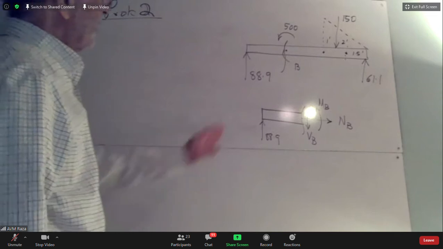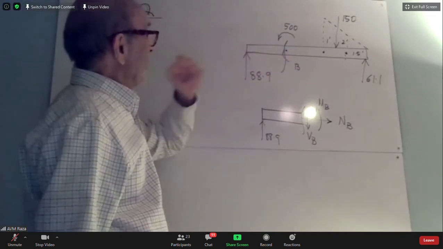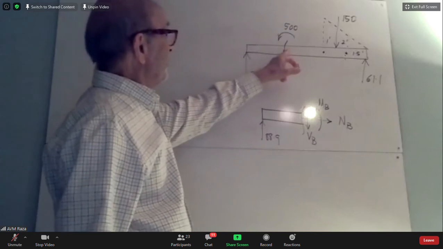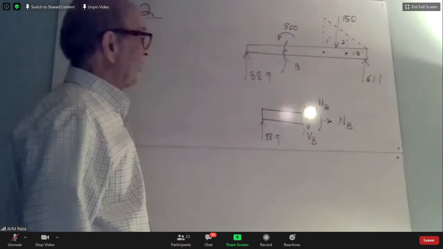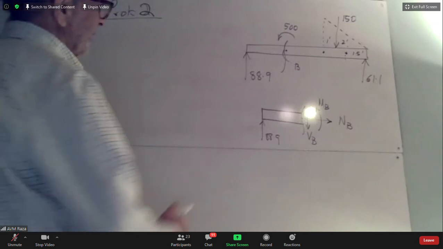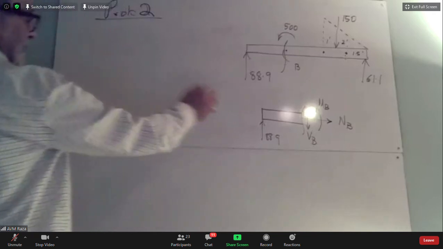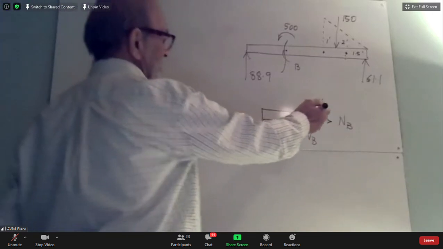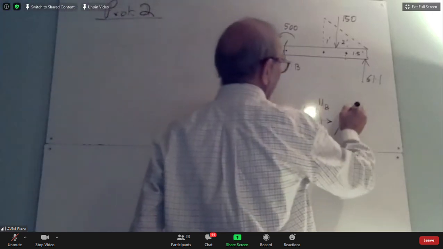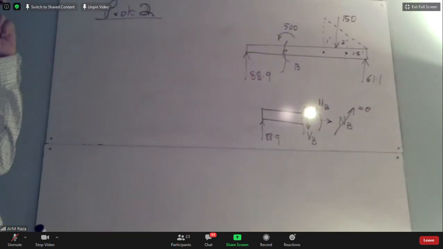So now I'm trying to find the internal loads at point B, which lies just to the left of that applied moment. Now from this free body diagram, what can we say? Well, the first thing we can say is that NB is equal to 0 because there is no other force in that direction.